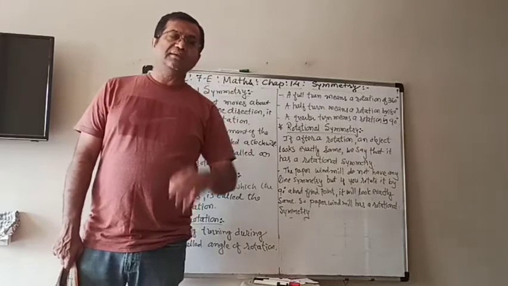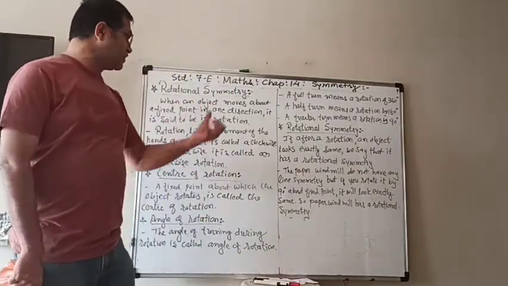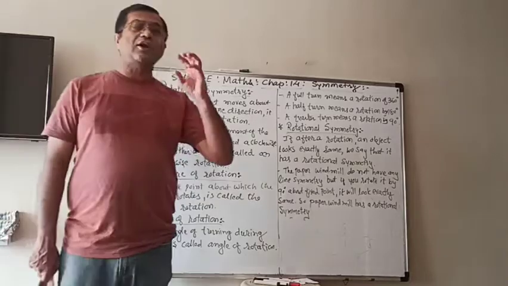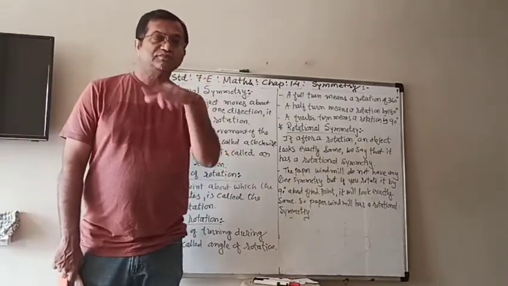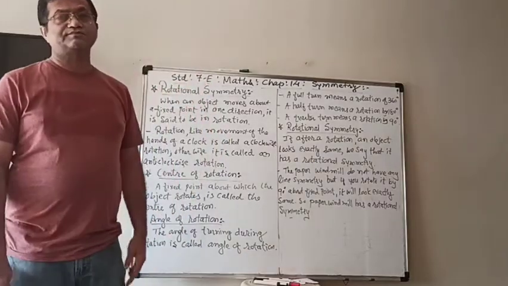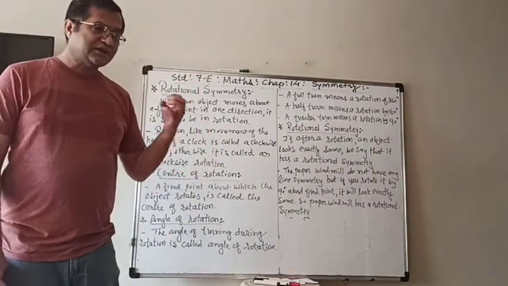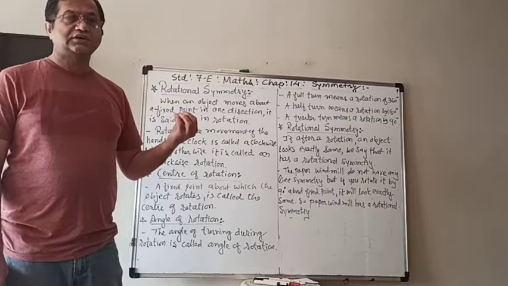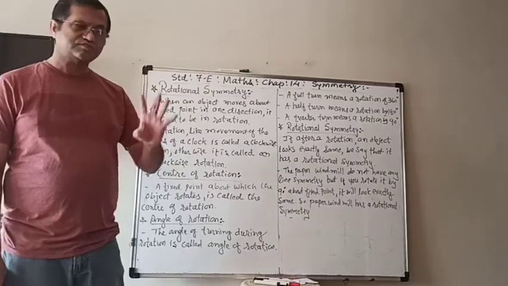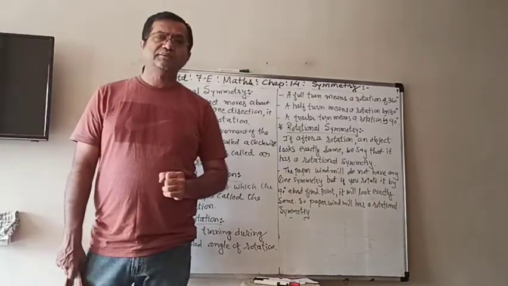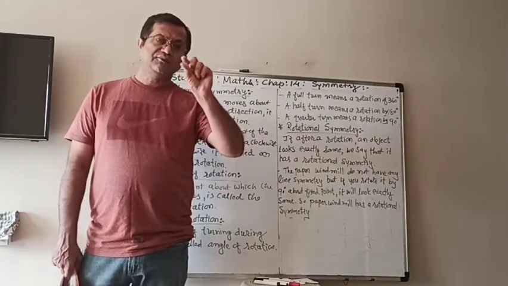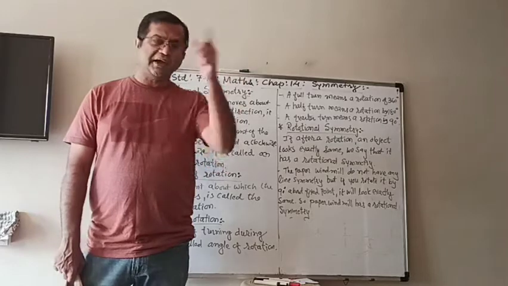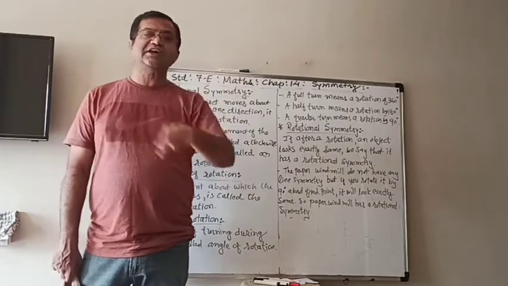So, first we will see what is a rotation. When an object moves around a fixed point in the same direction, then we can say that it is in rotation. For example, hands of the clock, they are fixed in the middle and they are moving in the same direction.